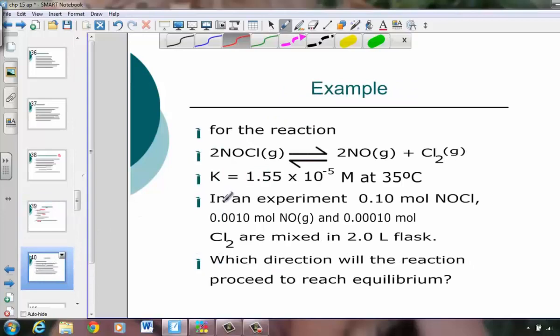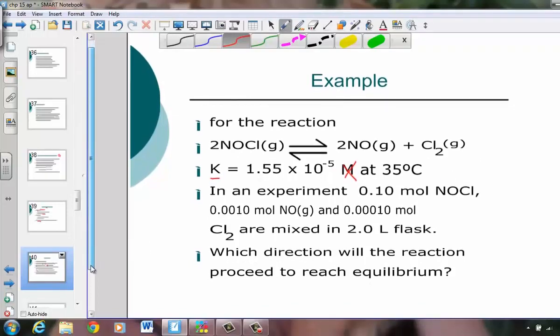Let's take an example. It says for the reaction NOCl in dynamic equilibrium with 2 units of NO plus Cl2, the equilibrium constant is given to us, 1.55 times 10 to the negative fifth. That equilibrium constant would have absolutely no unit, so that should be crossed out, at 35 Celsius degrees.